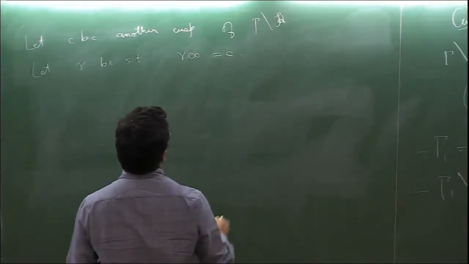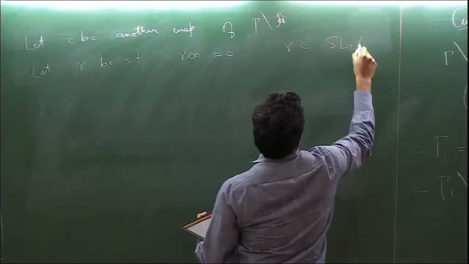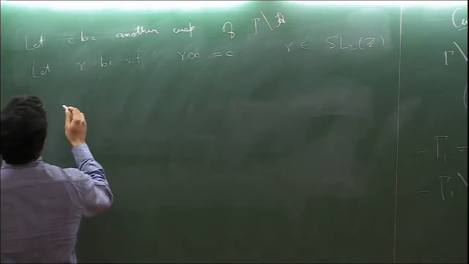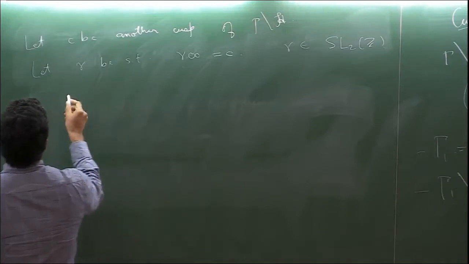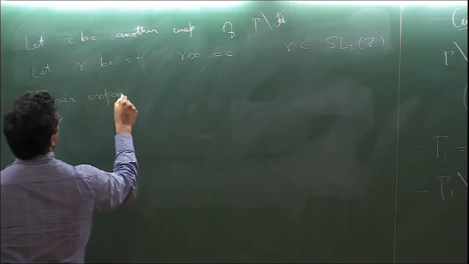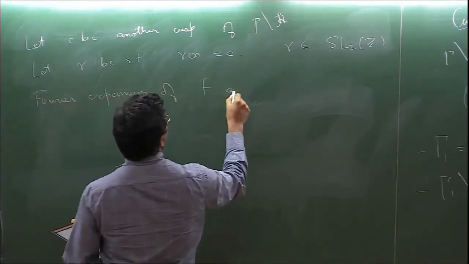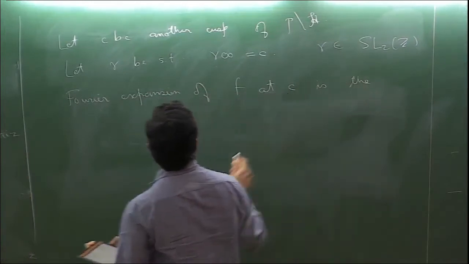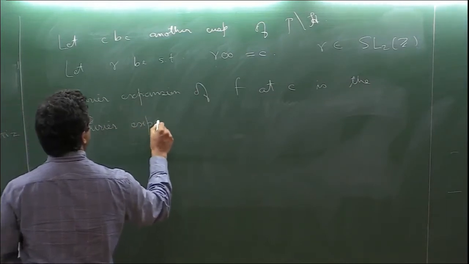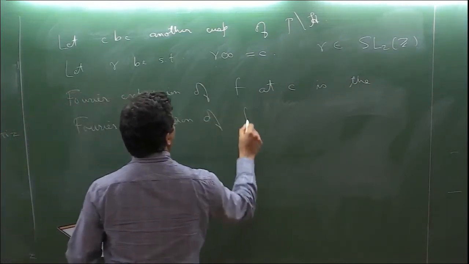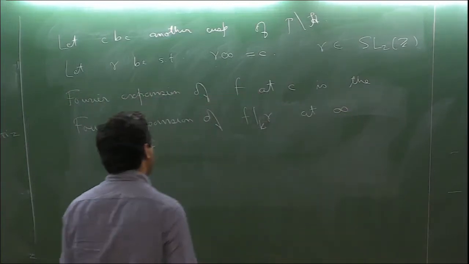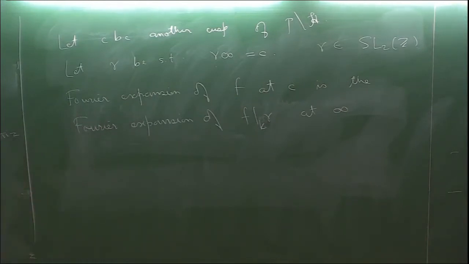So this will be in SL2Z, because SL2Z acts transitively on P1Q. And so the Fourier expansion of f at C is the Fourier expansion of f slashed with gamma at infinity. Okay, so this is how you get Fourier expansion at all cusps.